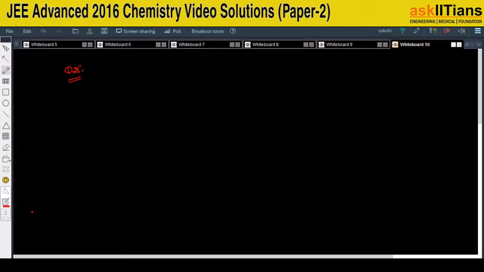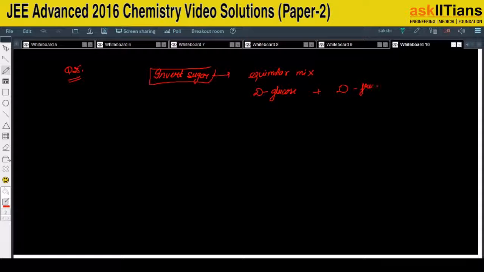Now this is a very clear thing that invert sugar is an equimolar mixture of two components. The first component is D-glucose and the second component is D-fructose, which is obtained by the hydrolysis of sucrose.